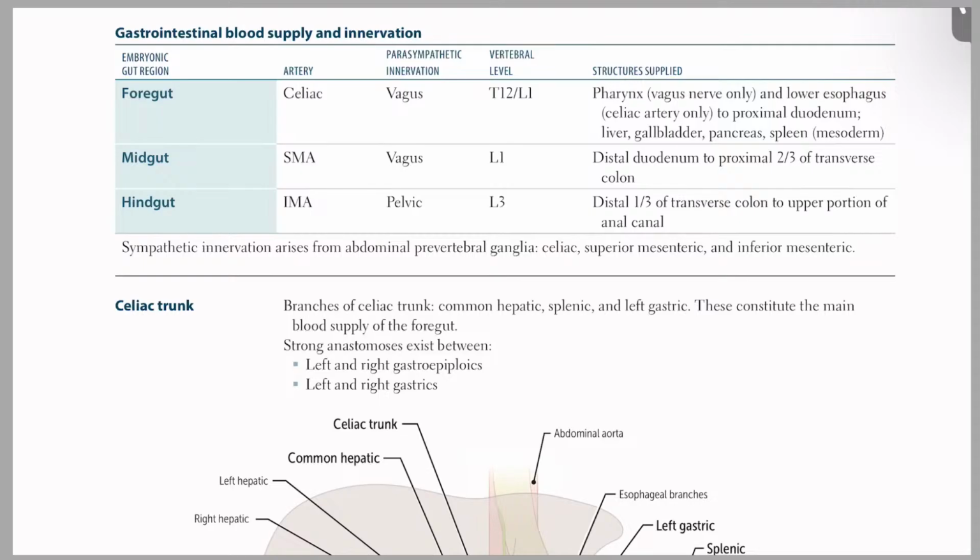Hindgut: IMA, pelvic, L3, distal one-third of transverse colon, upper portion of anal canal. Sympathetic innervation arises from abdominal prevertebral ganglia: celiac, superior mesenteric and inferior mesenteric.